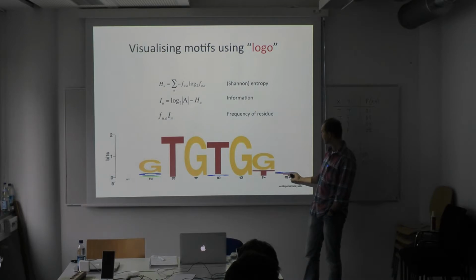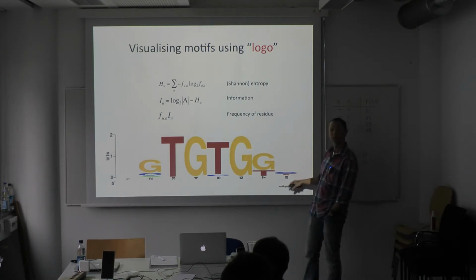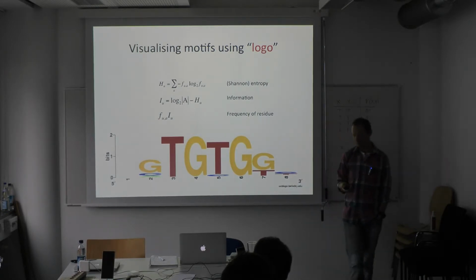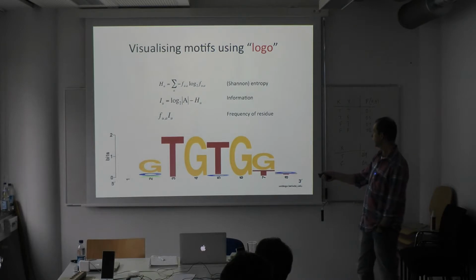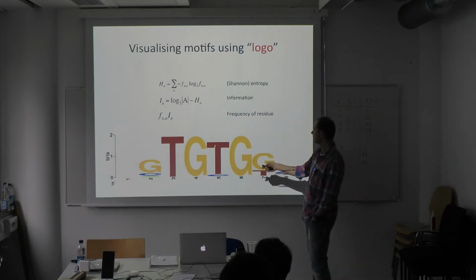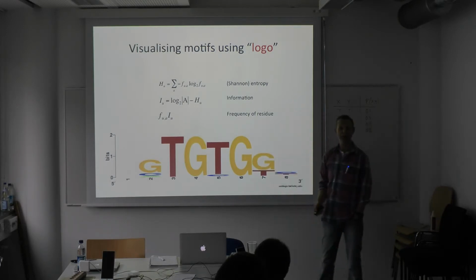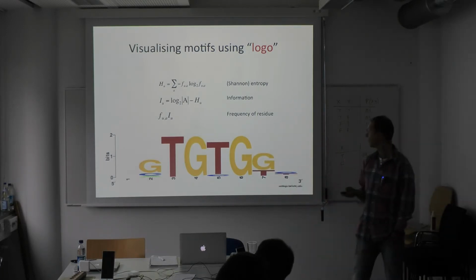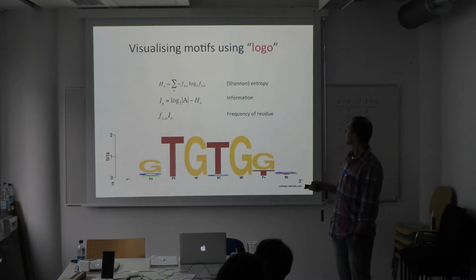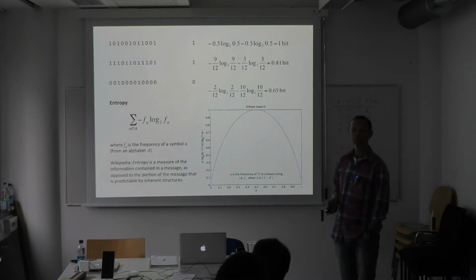It makes very little sense to make a difference between whether we see a C or a T, because we're not confident. Whereas in the ones in the middle here, we're quite confident there is a T. There is a lot of inherent structure there, if you like, in the data. Did I say everything? Yes, I think I did.